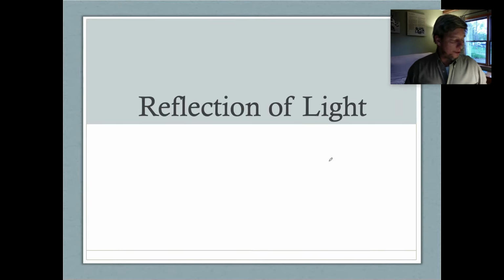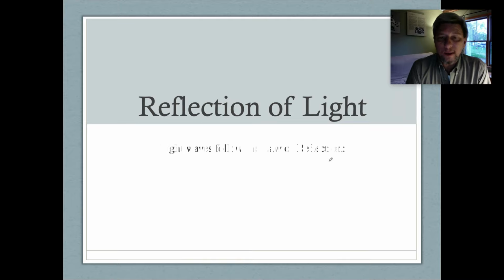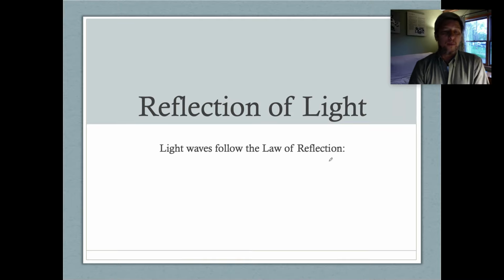Now, let's talk about the various properties of light. We said already that light could be reflected, and we know that light waves follow the law of reflection. Remember that from the other day. The angle of incidence equals the angle of reflection.